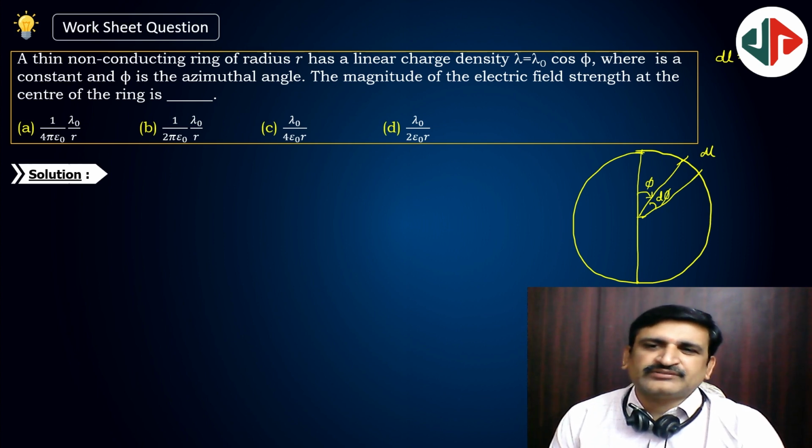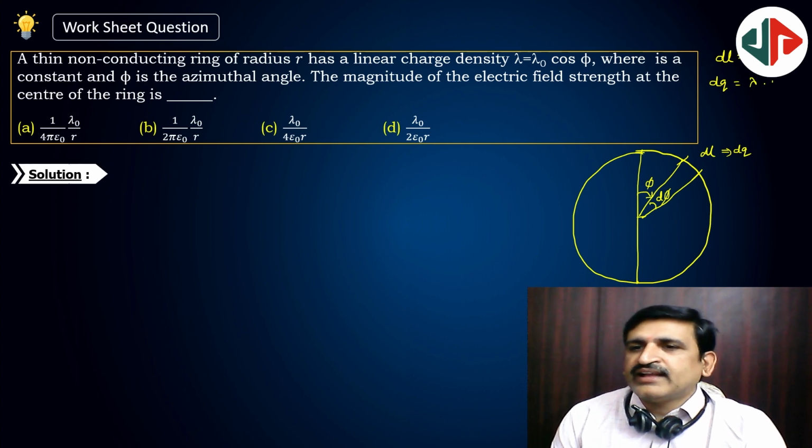And what about the charge on it, dq? dq is equal to lambda into dl. Lambda is lambda naught cos phi, so dq is lambda naught cos phi into r d phi. Just put this aside.